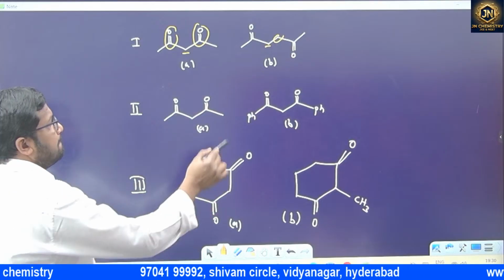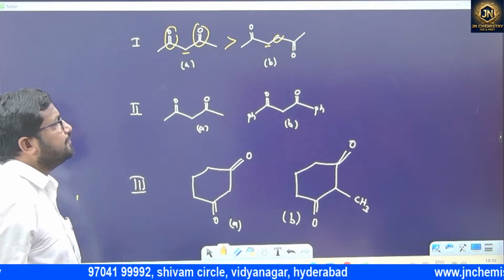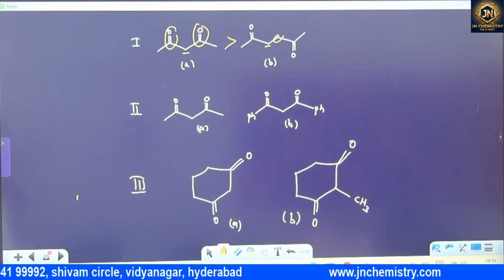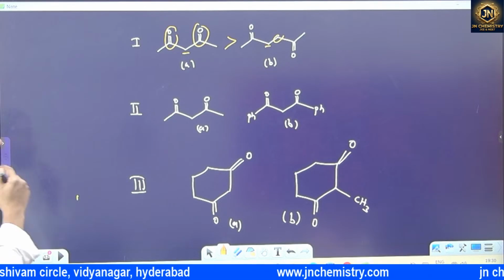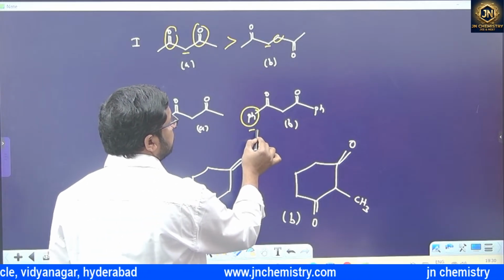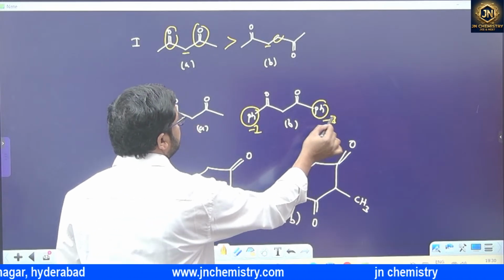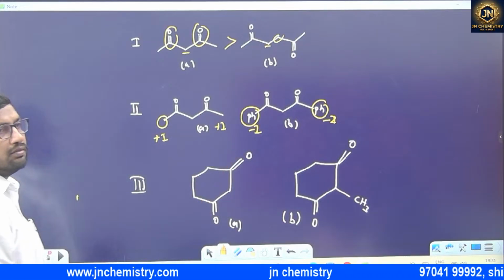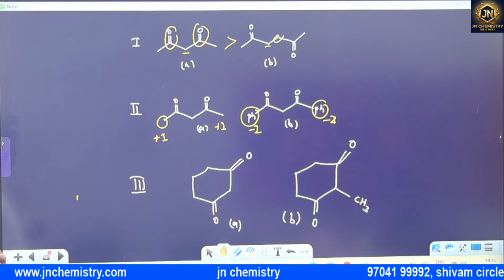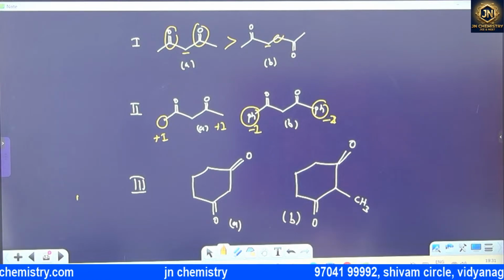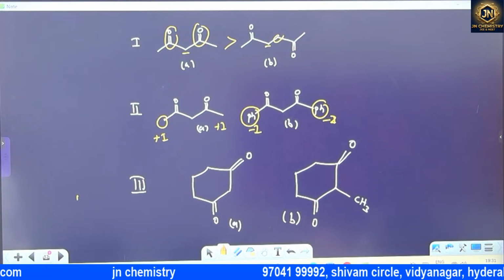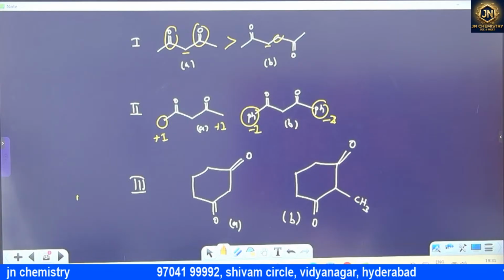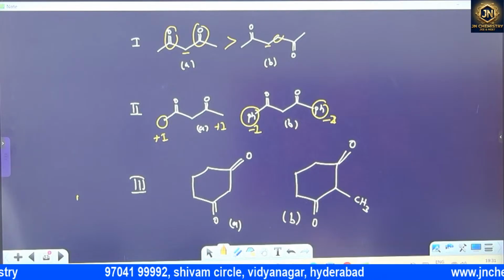A. Then B. Next, second one. So phenyl is considered minus I. Minus I. This is plus I. Plus I. Tell me the answer. A or B?